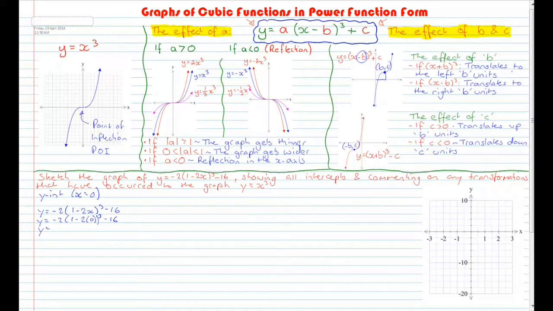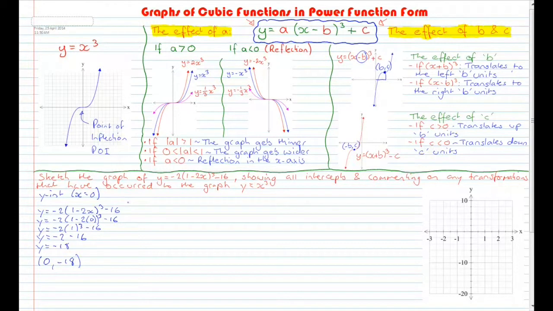Therefore we simplify. Y is equal to negative 2 times (1 minus 2 times 0, well that's 0, so it's 1 minus 0, which is just 1) cubed minus 16. Y is equal to negative 2 times 1 cubed, well 1 cubed is just 1, so it's going to be negative 2 minus 16, therefore y is equal to negative 18. And the coordinate of the y-intercept therefore is (0, negative 18).